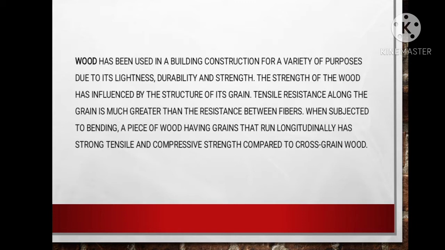Tensile resistance along the grain is much greater than the resistance between fibers. When subjected to bending, a piece of wood having grains that run longitudinally has strong tensile and compressive strength compared to cross-grain wood.